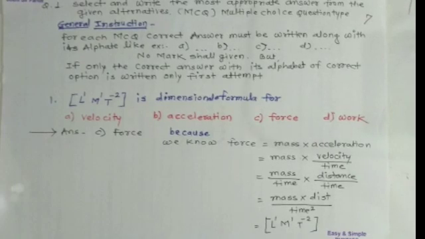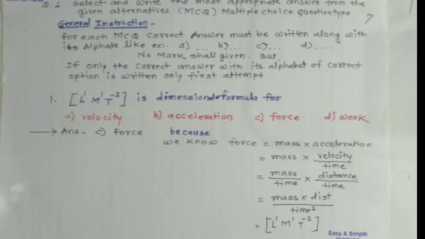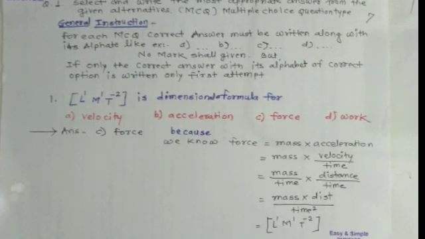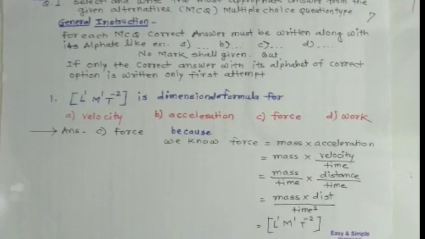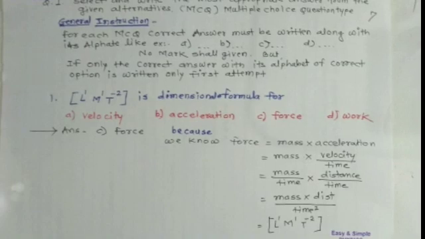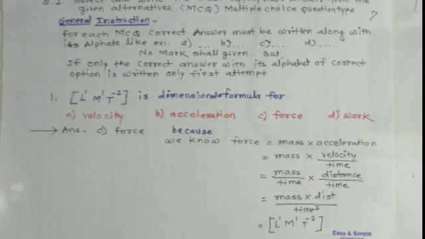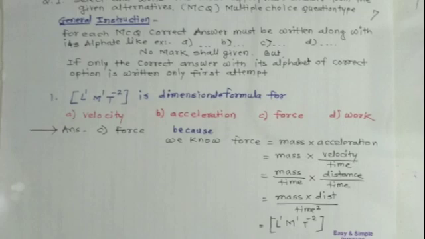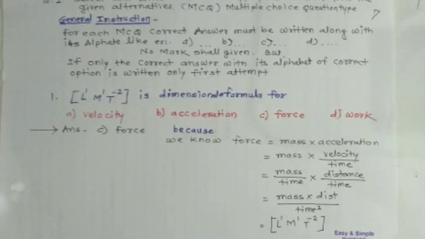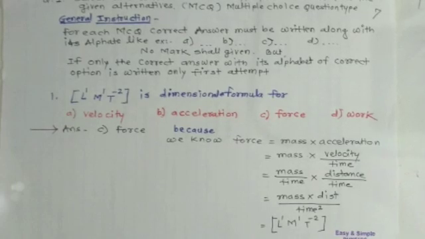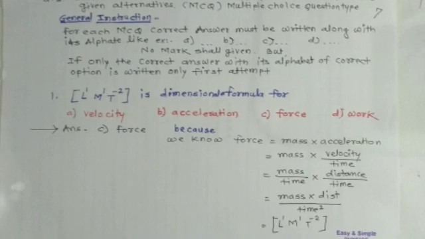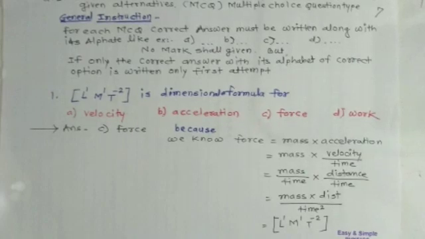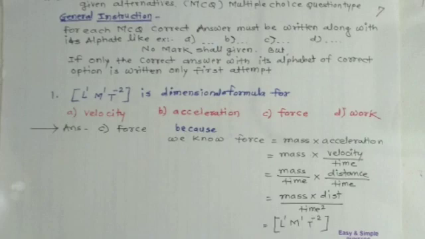So, we can see the first question. In brackets, L raised to 1, M raised to 1, T raised to minus 2 is the dimensional formula for: option A velocity, B acceleration, C force and D work.